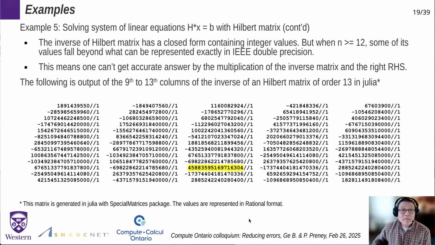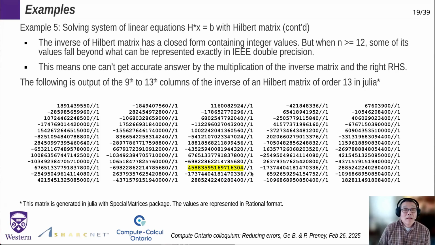Now, one thing you should know is that the Hilbert matrix has a closed form for its inverse. So the Hilbert matrix itself is not singular, therefore the inverse exists. So in order to get the solution, why can't we just multiply by the inverse and see if we can get the identical answer?